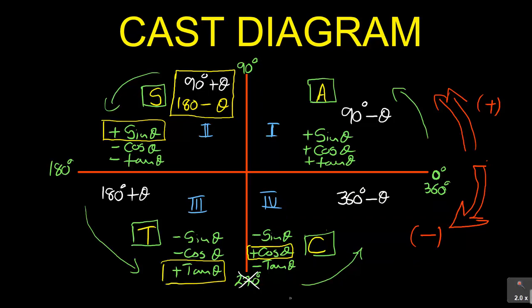So when you're talking about the fourth quadrant, remember only cos, the C in All Students Take Chemistry, is positive there, which means from what we did with our CAST diagram, only cos is positive, sine is negative, and tan is negative.